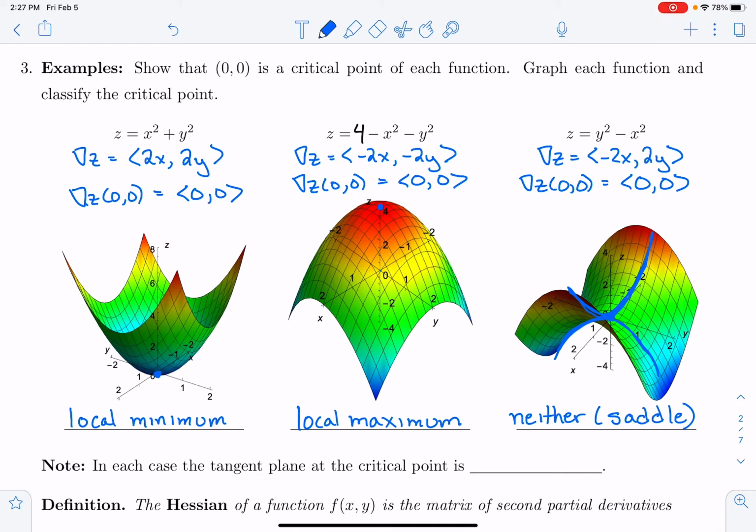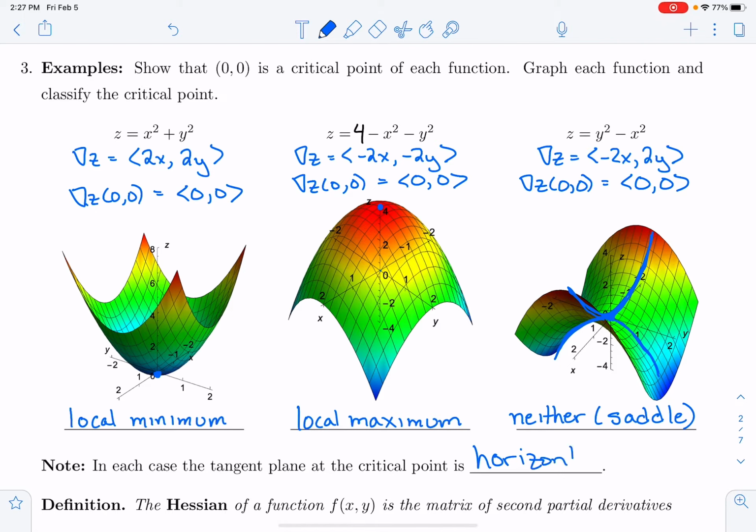What's important, though, is that we have a critical point where the gradient is 0 for each of these functions. But we could have a local minimum, a local maximum, or neither. If we drew tangent planes, in each case, the tangent plane at the critical point is going to be horizontal.